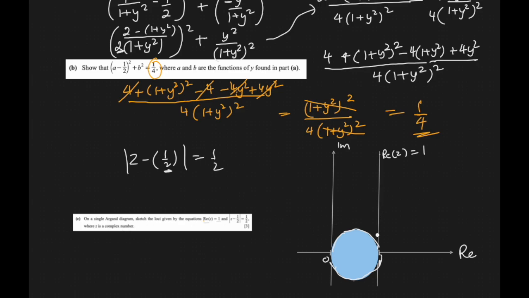We have shown it. This is z minus half is equal to half. So this is the center. From this half, anywhere on the circumference of this circle the distance is half. Half, half, half, everywhere it is half. Okay, this is the drawing.